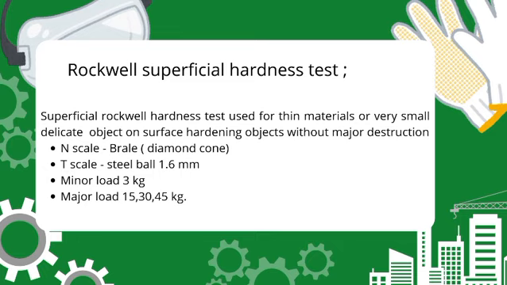A Brale indenter is used in the N scale, and a steel ball indenter is used in the T scale. It is a diamond cone in the N scale and 1.6 mm ball in the T scale. The minor load is 3 kg, and the major load is 15, 30, or 45 kg.